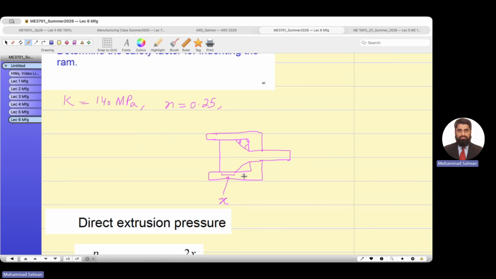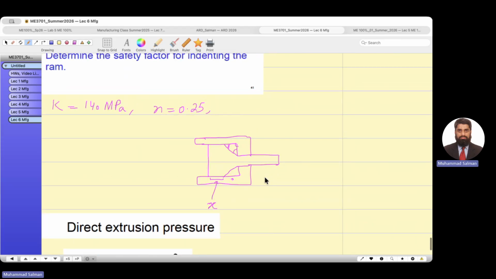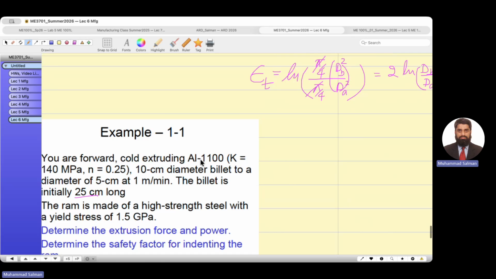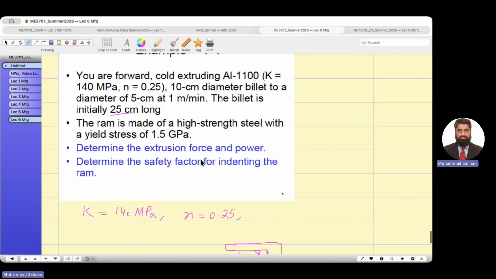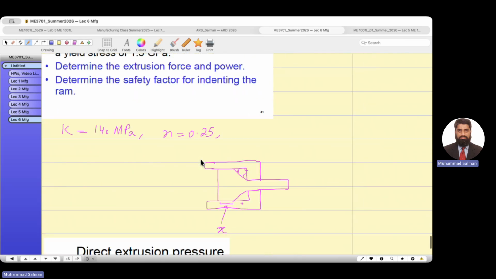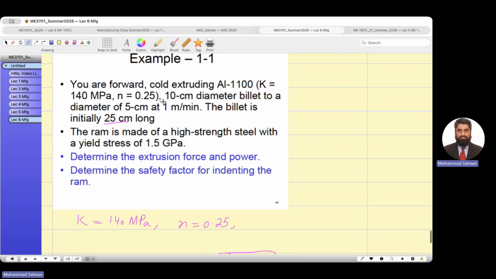Suppose this is my X. The initial diameter is 10 centimeters, and the final extruded diameter is 5 centimeters.